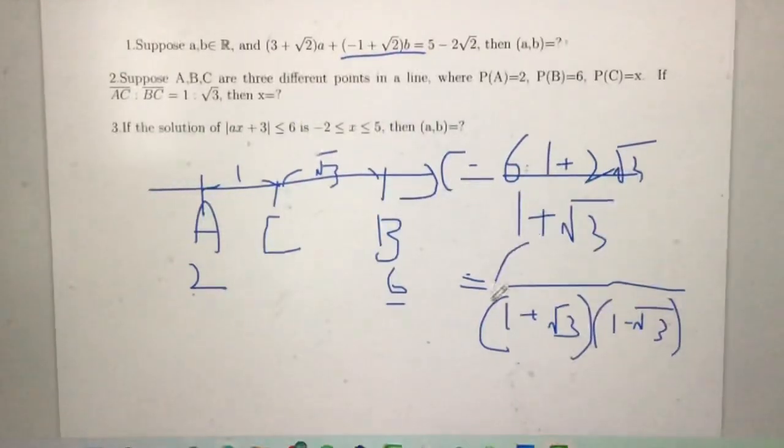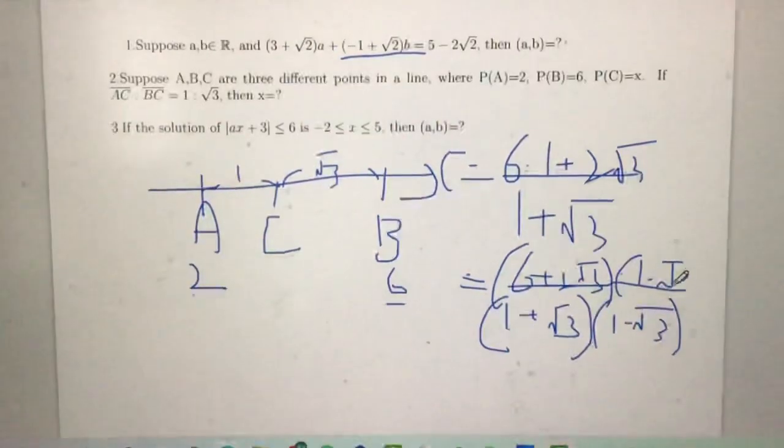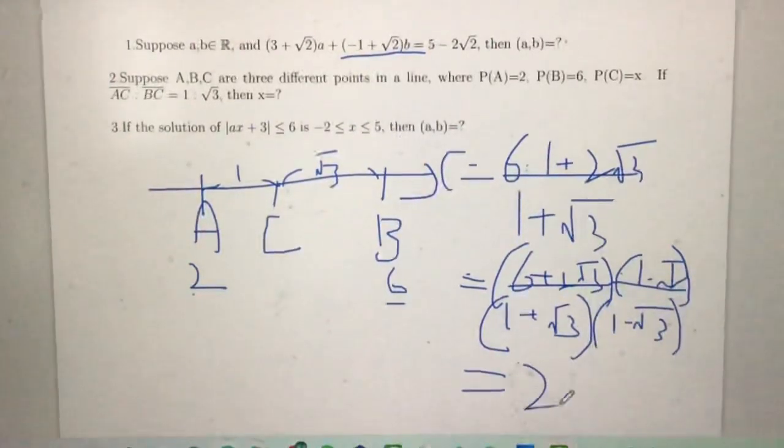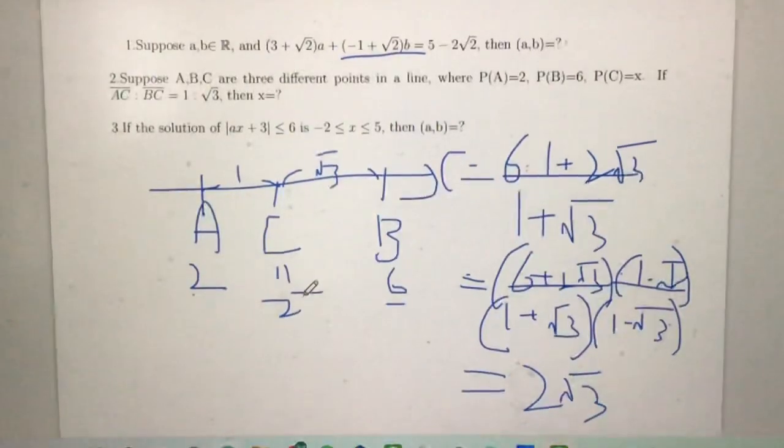And the denominator, we can do the same thing: 6 plus 2 times square root 3, and we also multiply by 1 minus square root 3. So this guy we can compute. This one will be 2 times square root 3. So this is the first case. If C is between A and B, then C will equal 2 times square root 3.